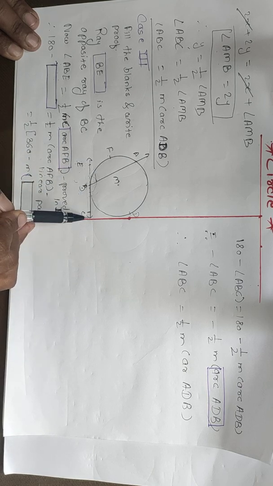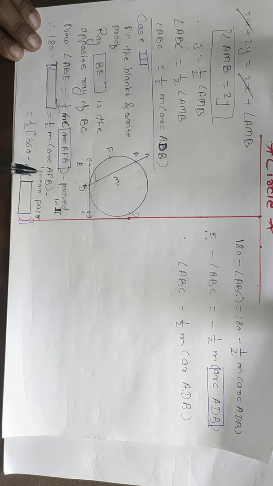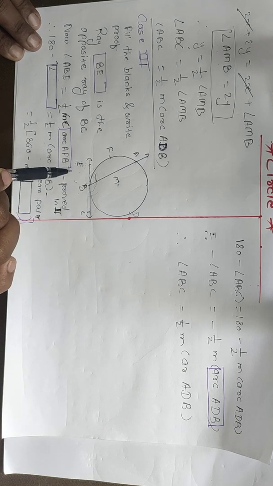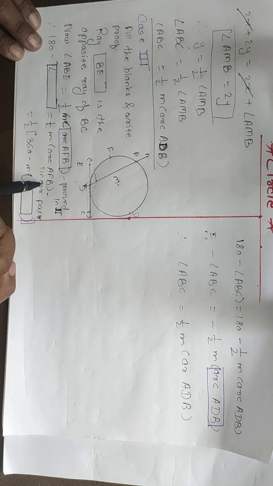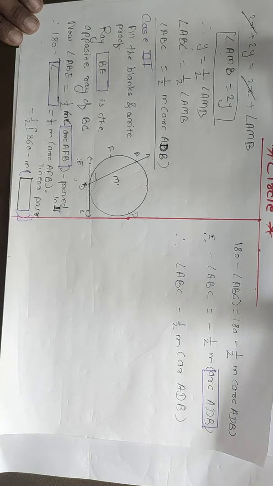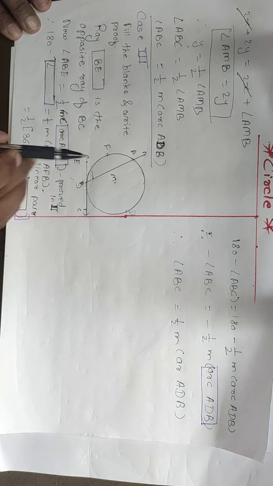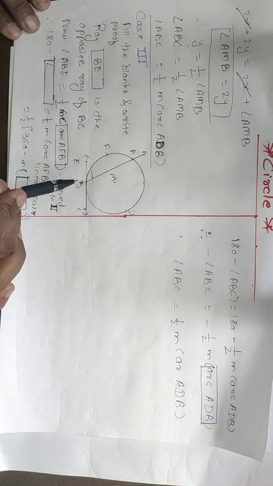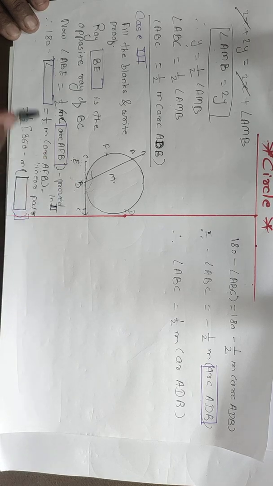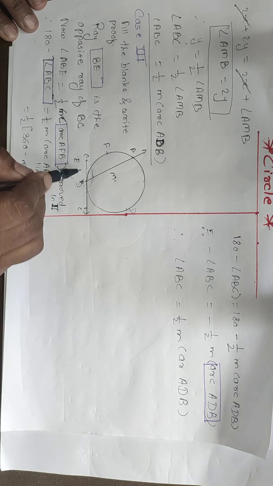From that if we subtract ABC, so here 180 minus angle ABC is equal to angle ABE. If we subtract angle ABC from 180, then we will get the measure of ABE.